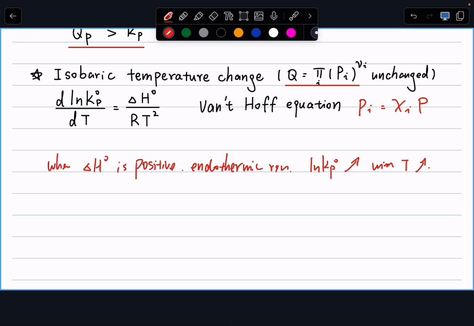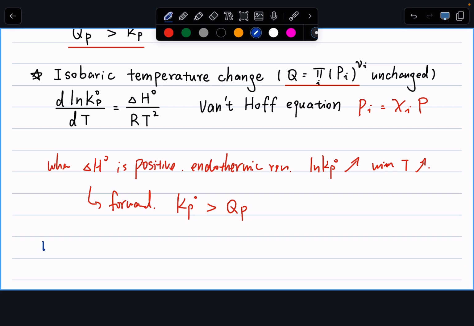When my ln Kp naught increases and my Qp does not change, my Kp becomes larger than my Qp. So we're predicting a forward reaction because my Kp naught is larger than Qp.